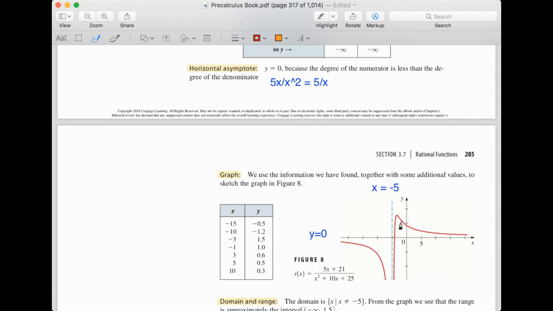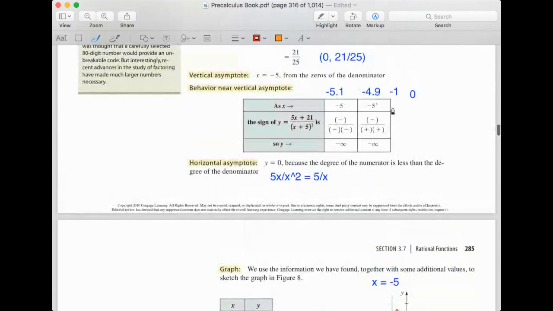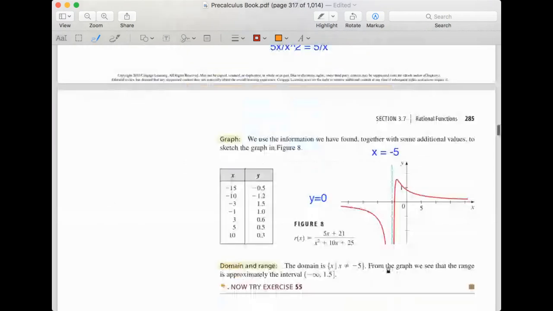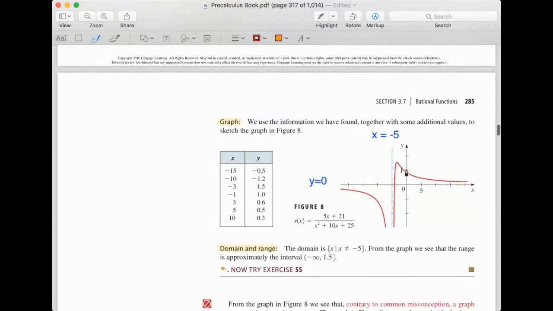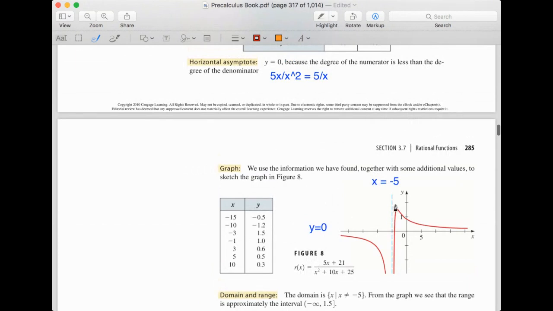We will get a value somewhere here. Let's say -1. If it's -1, we get -5 plus 21, 16. 16 divided by 16, we get a 1. We get a positive 1. So the graph goes up. We get this point, right? Somewhere here.